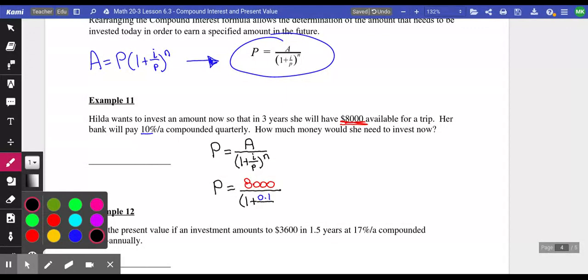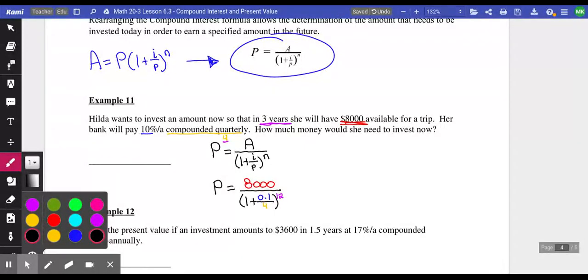Divided by little p, the number of compounds that happen in a year. It says it's compounded quarterly. Quarterly is 4 times a year, so I have to divide by 4. To the power of n, n is that 4 times a year times however many years you saved for. You saved for 3 years. 4 times 3 is 12.